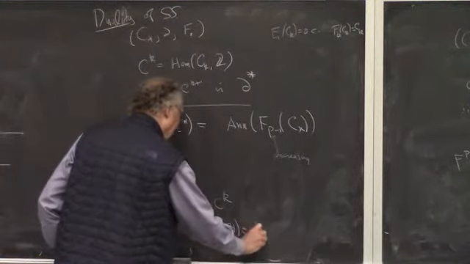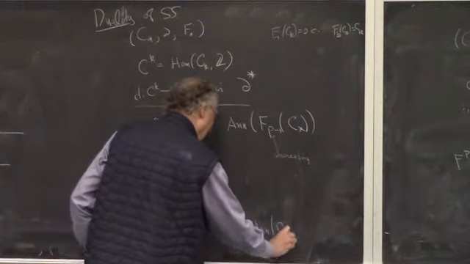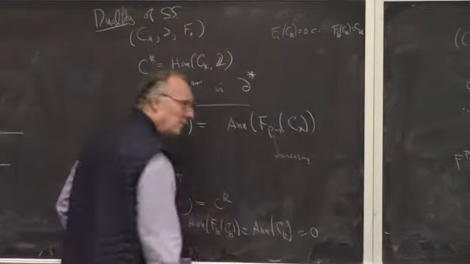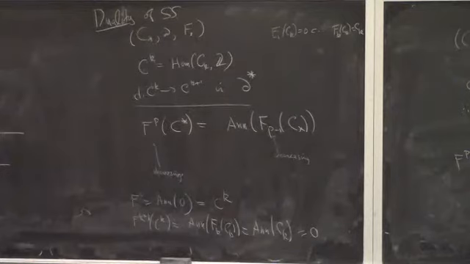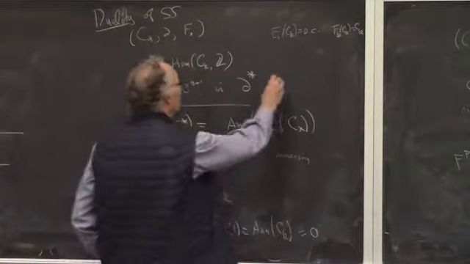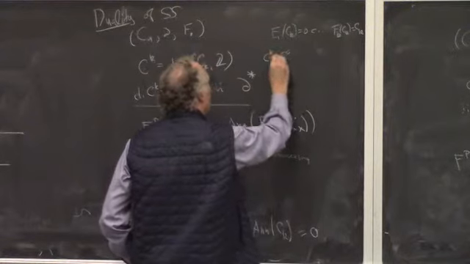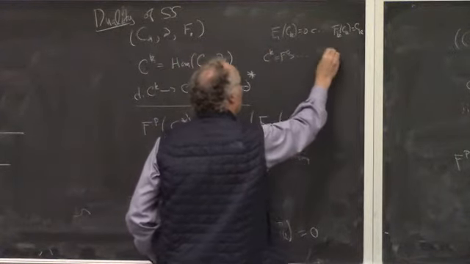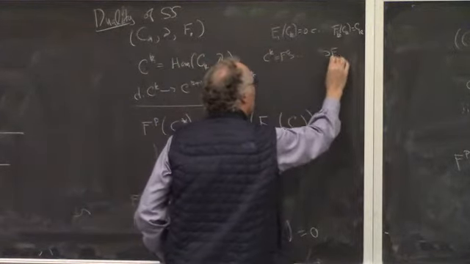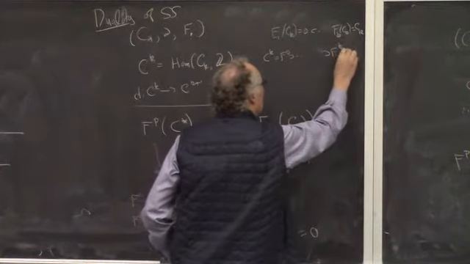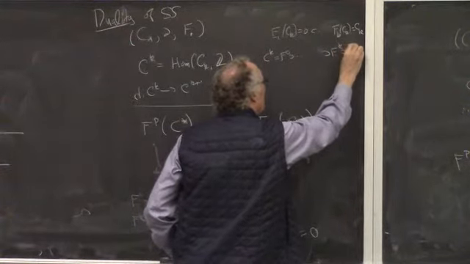That's the annihilator of C_k, and that's 0. So the dual filtration would start at F^0, which would be all of the dual, and go down to F^k, and then F^{k+1} would be 0.